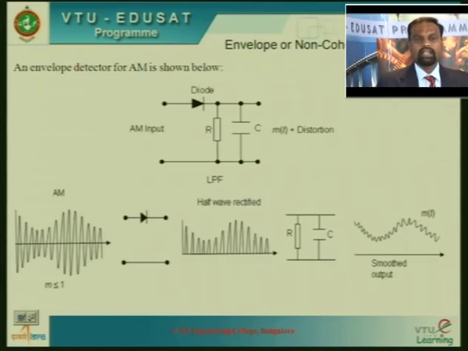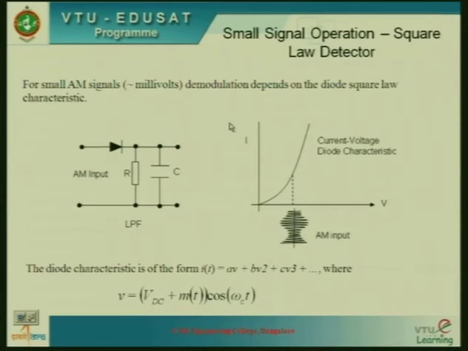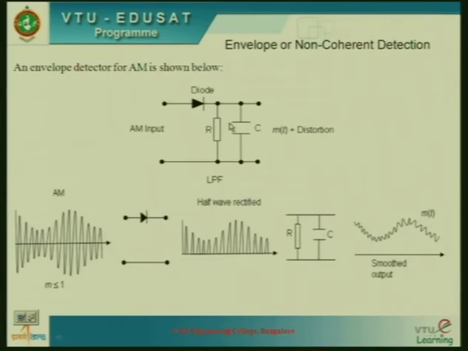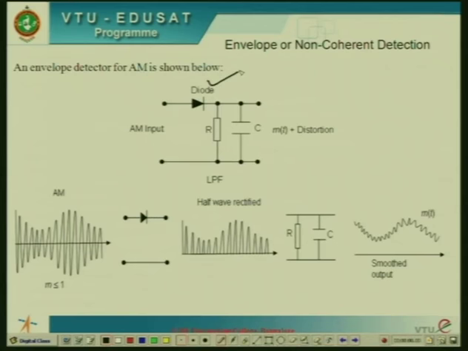Now let us very quickly understand what circuit is required, or what components are available in the circuit to perform the demodulation process. If you see the circuit here, it basically consists of a diode. It's a very interesting device. A diode, we all know, is a switch.